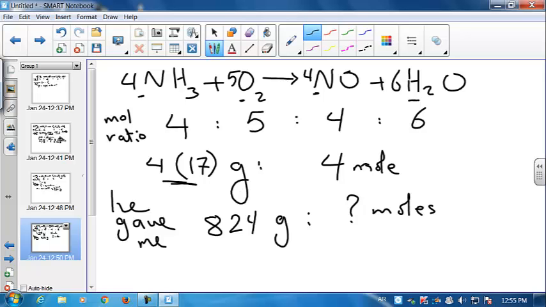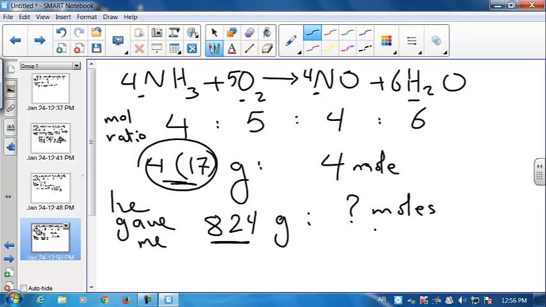See? So again, after balancing the equation, I put the mole ratio. So ammonia to NO is 4 to 4. So each 4 moles of ammonia gives 4 mole of NO. The 4 moles of ammonia, their mass is 4 multiplied by 17. This mass of ammonia produces 4 moles of NO. If I don't have this mass, I have 84 gram, how many moles will it give?